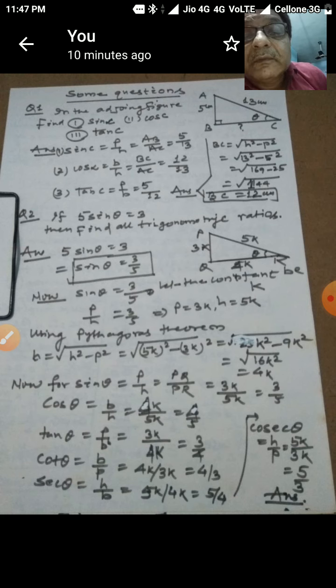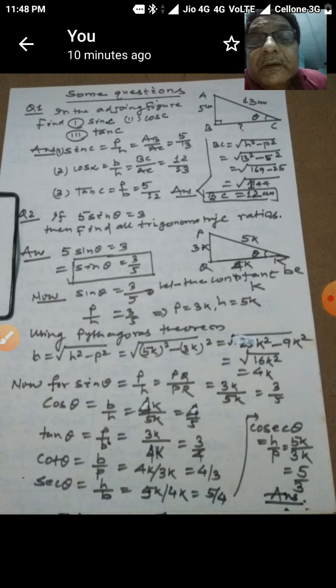But in case of cos C, when we calculate cos C, it needs B by H, and B is not given. So we can find out BC, which is B for angle theta. By using the Pythagoras theorem, b equal to under root h square minus p square, and we find it comes 12.